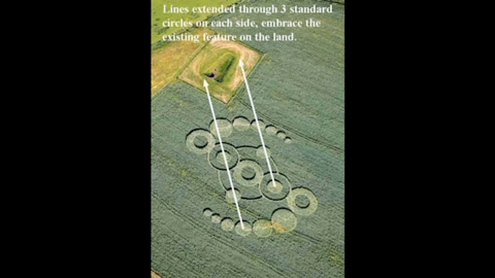This is what they've been reiterating since the early 90s. The relationship always with monuments and features on the land has always been the line, insofar as crop circles do have alignments, always goes past the edge of a landscape feature. It never points at the very centre of it. And I think there are symbolic lessons there.